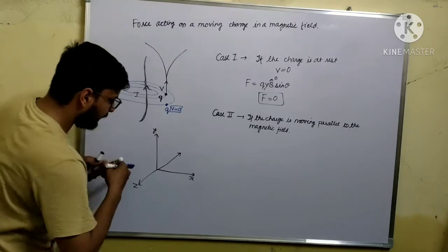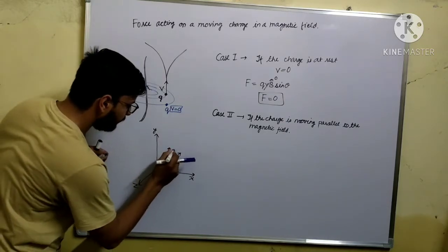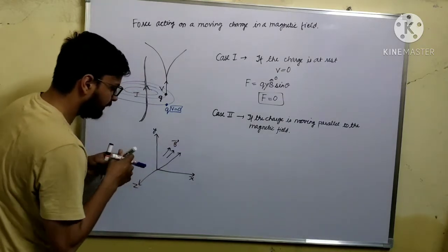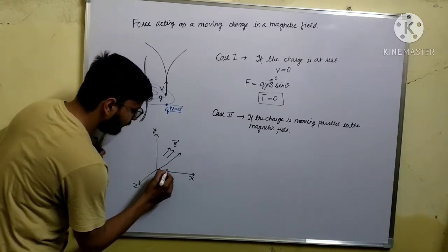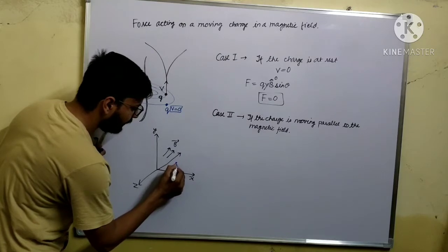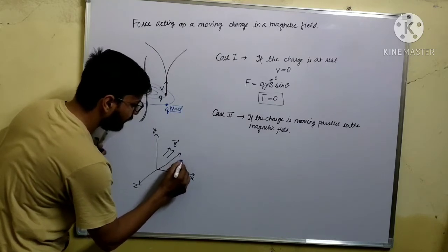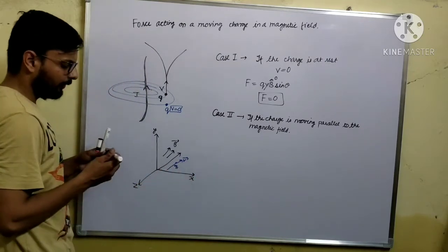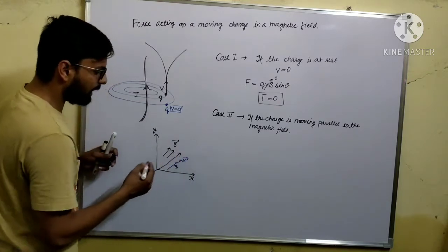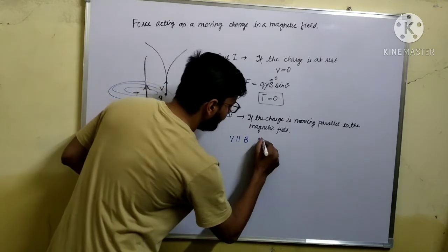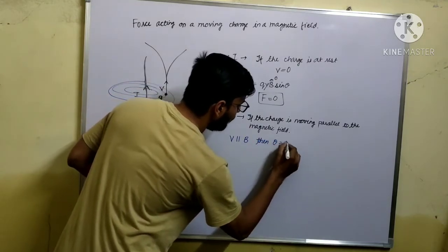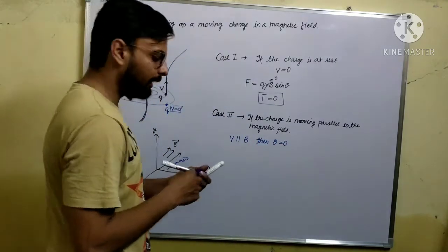This was the direction of the magnetic field, right? And I am saying that the charge is also moving in the direction of the magnetic field like this. This is the charge Q, and it is moving in the direction of the magnetic field. So you see that V is parallel to B. Then theta will become 0 degree.